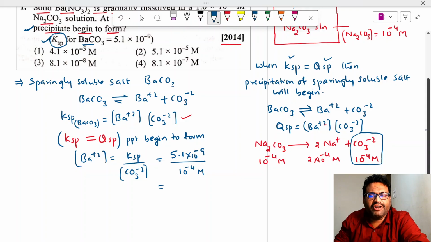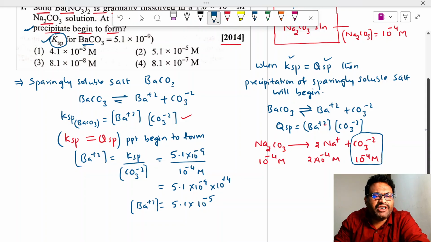Then what you get? 5.1 into 10 power minus 9 into 10 power plus 4, that is equal to 5.1 into 10 power minus 5. This is the concentration of Ba plus 2.